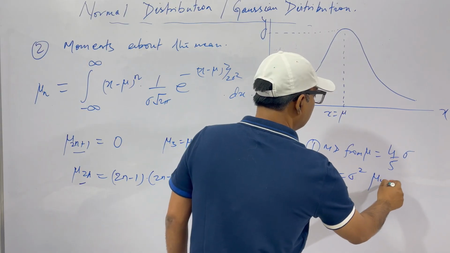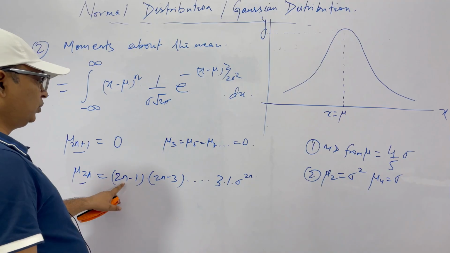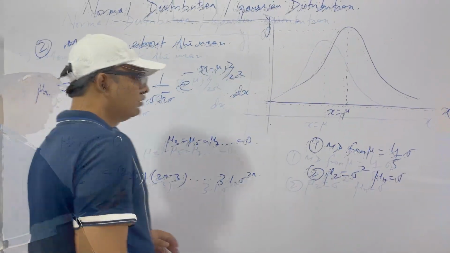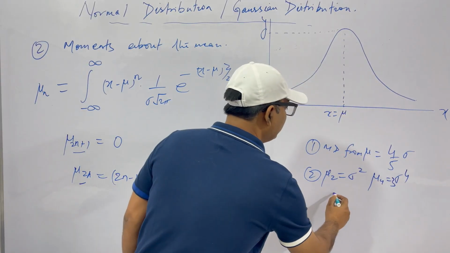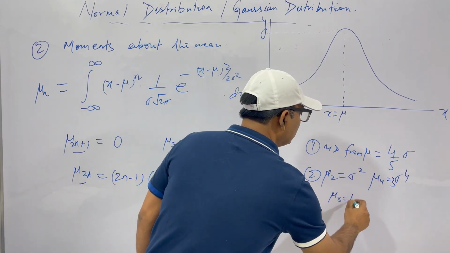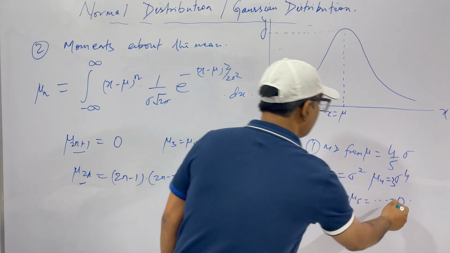For mu 4, we put the value n equal to 2. Clear? So this will become 3 sigma to the power 4.